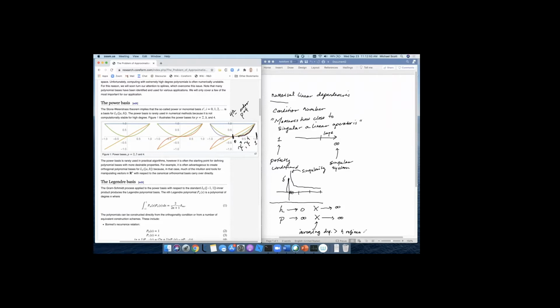And I'm going to look up the actual rates for these things. And because in some sense a C0 linear finite element mesh with H refinement is a fairly stable and fairly nice way to discretize an operator from a conditioning point of view. And so as you go up in degree, which is the methods we're going to be considering, the conditioning gets worse.